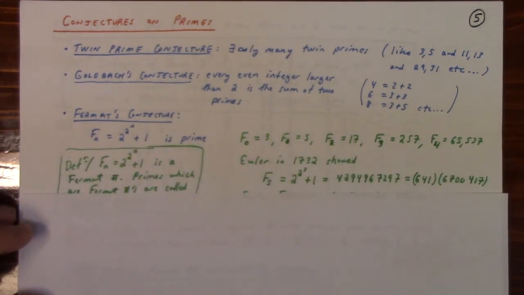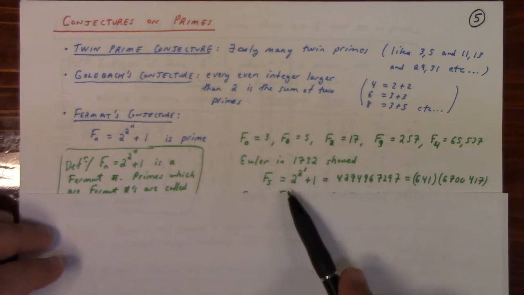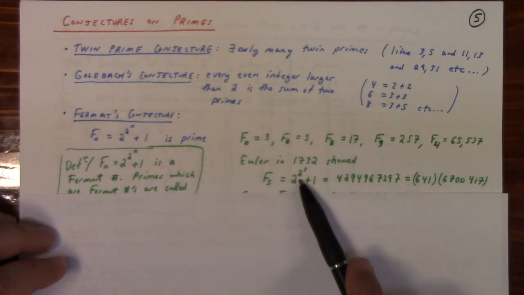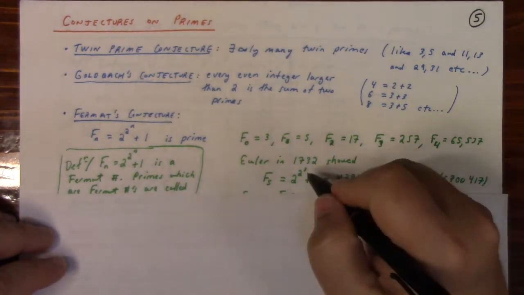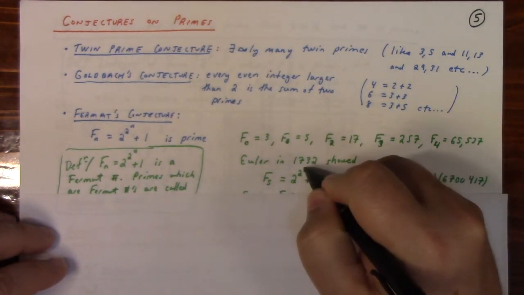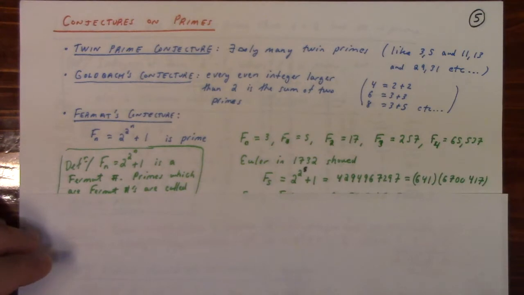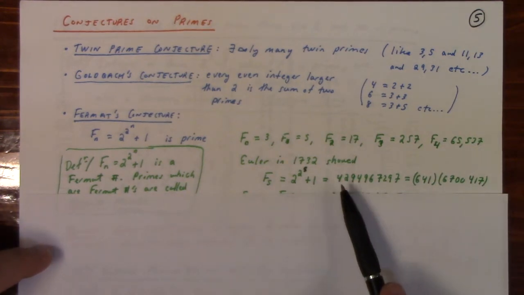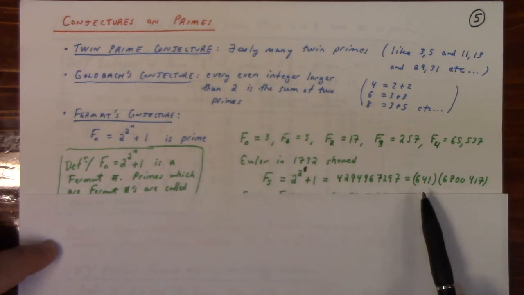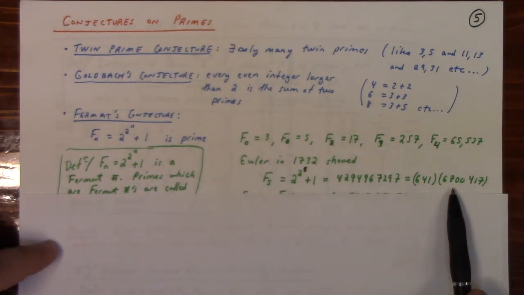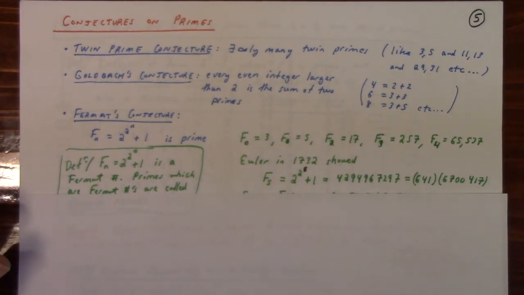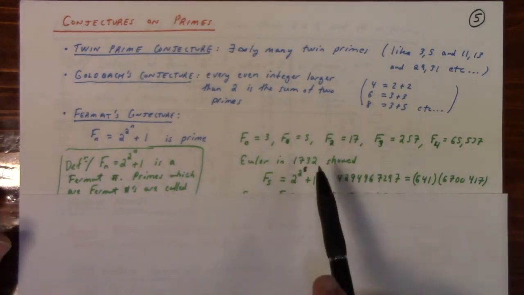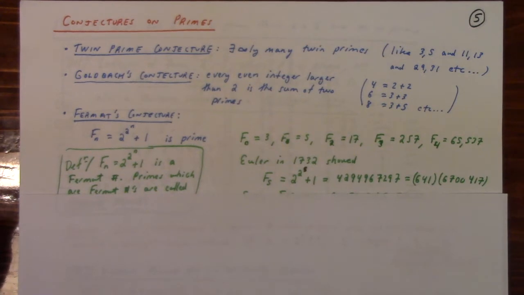But Euler in 1732 showed that F5, which is 2 to the 2^5 power, plus 1, is this number, which happens to be 641 times 6,700,417, which in 1732, without a calculator, he figured out.